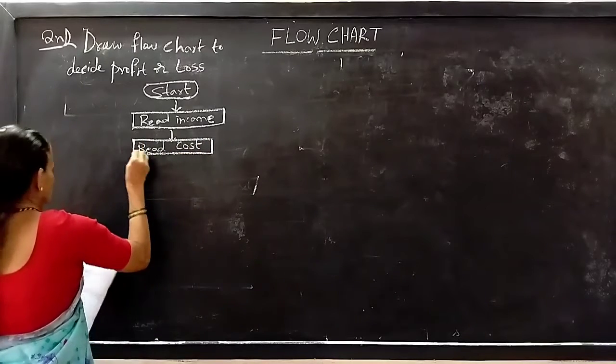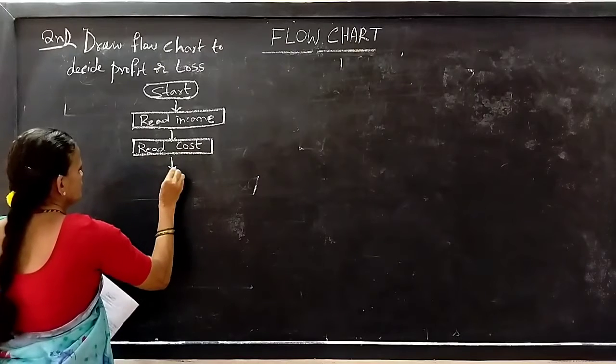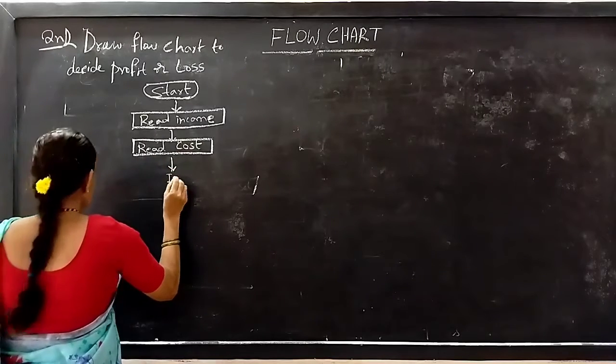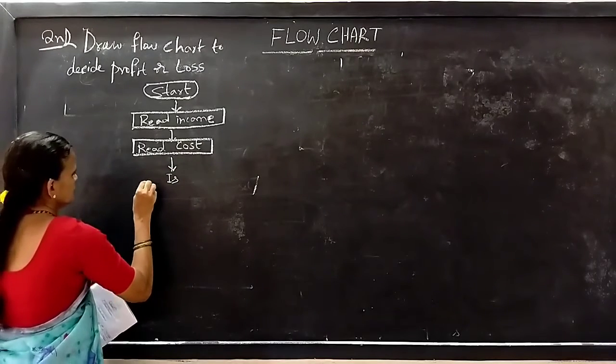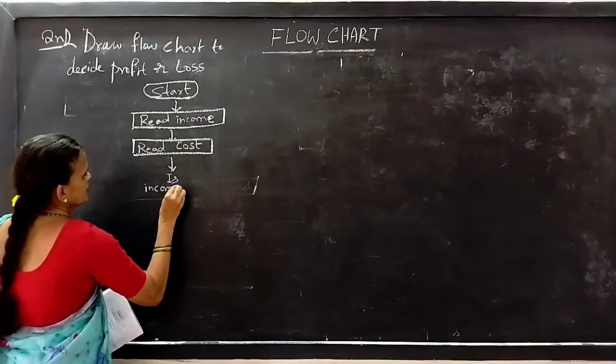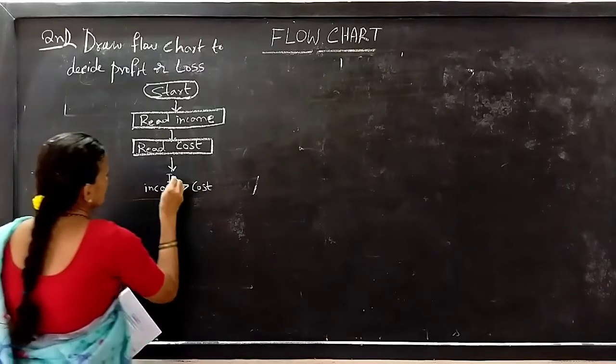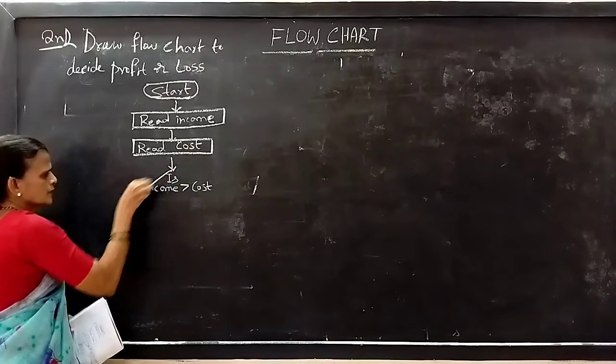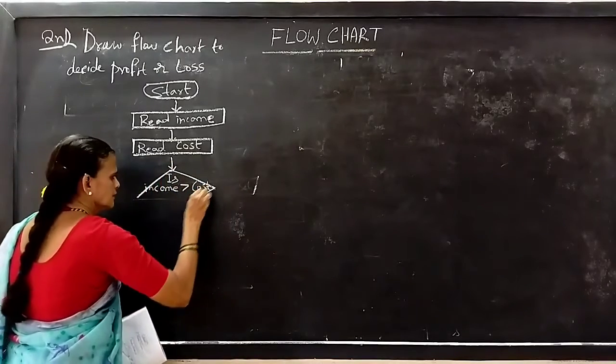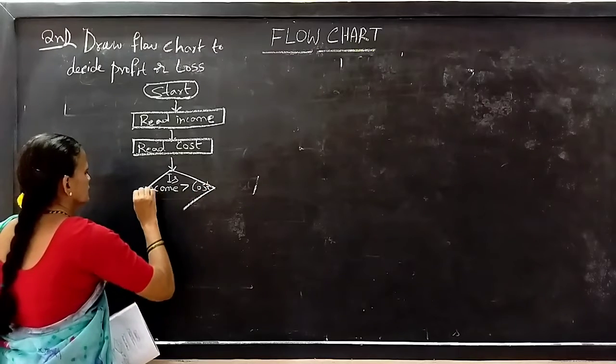Read cost. Now we have to decide whether income is greater than cost. That should be represented using a decision box.